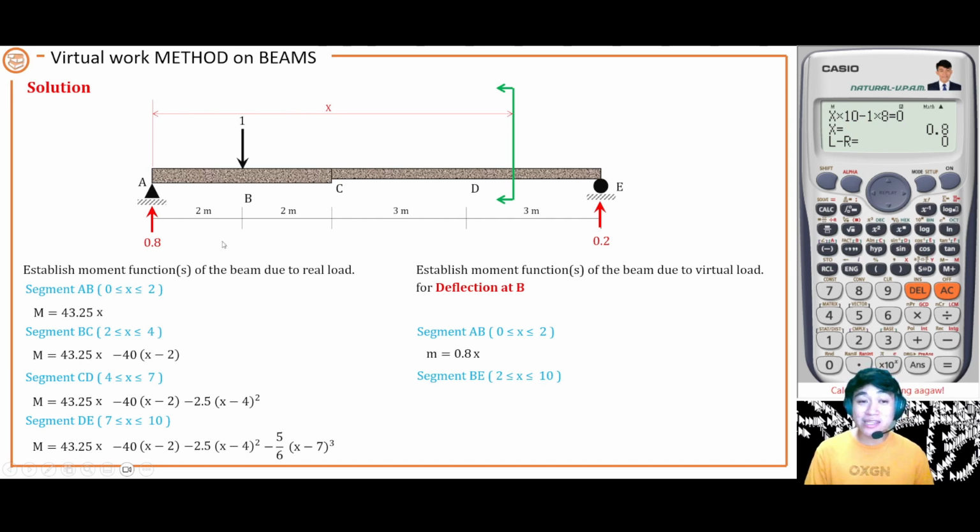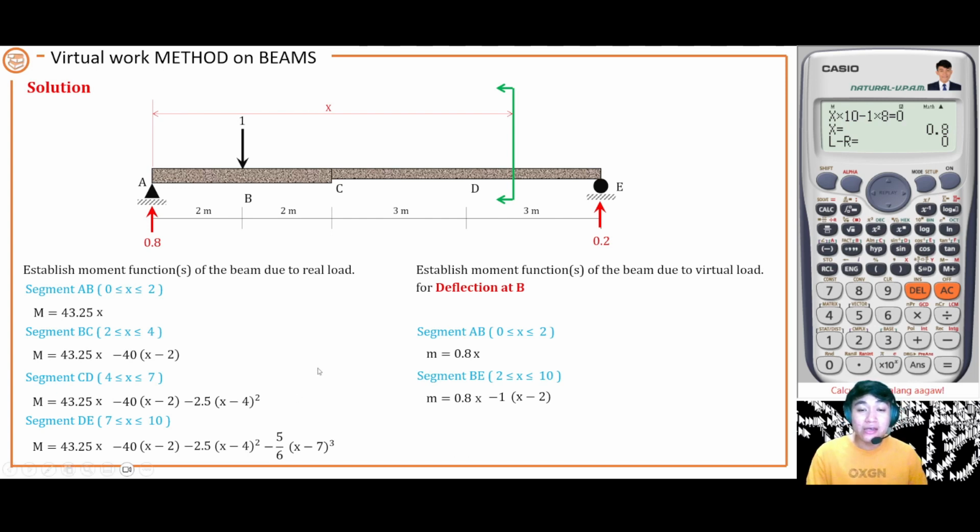Let's take the moment about the cutting section. We have 0.8 times the distance x, positive moment. This one gives negative moment, counterclockwise, times the distance x minus 2. So therefore, this is now the moment function about the cutting section of segment BE.